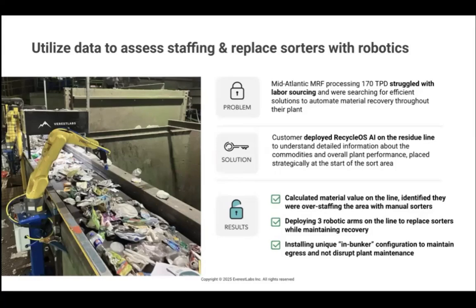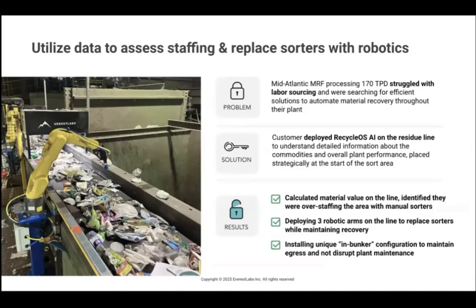So prior to our project with them, they were staffing 5 contract sorters on the line, and they chose to install our RecycleOS camera system at the beginning of the line. With that data, they were able to categorize all the recyclables making it to that conveyor, and more importantly, for materials like PET, HDPE, UBC, they used our analytics to calculate the dollar value of the material on that container line.